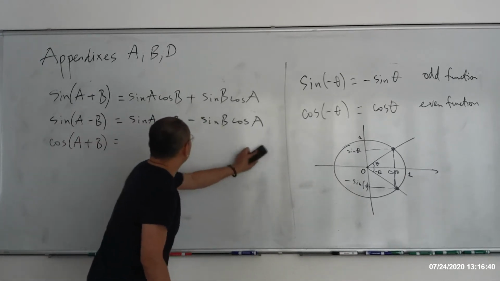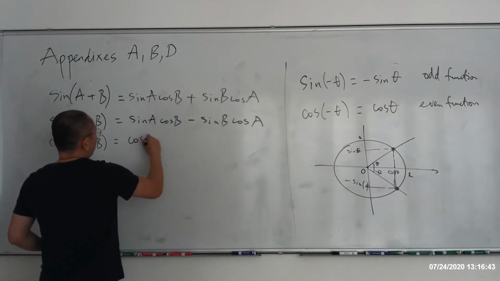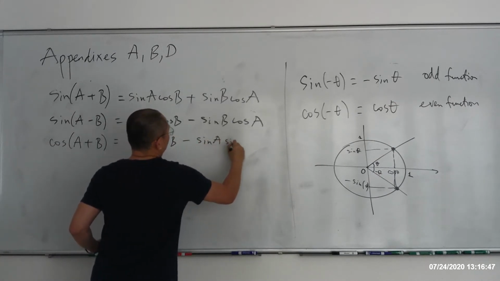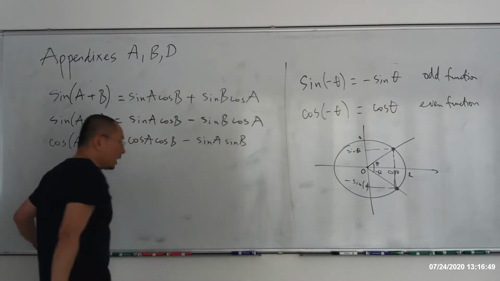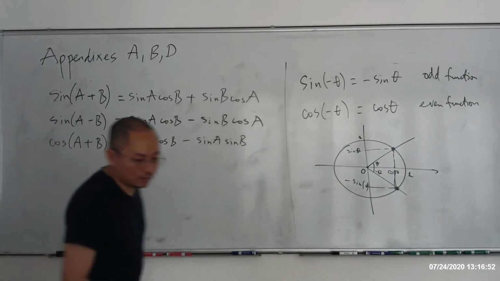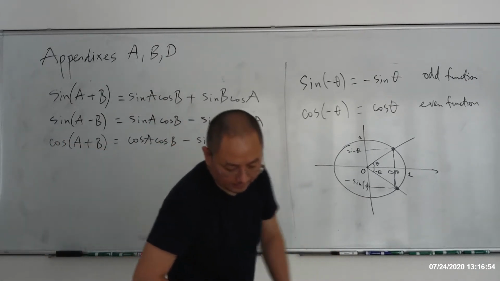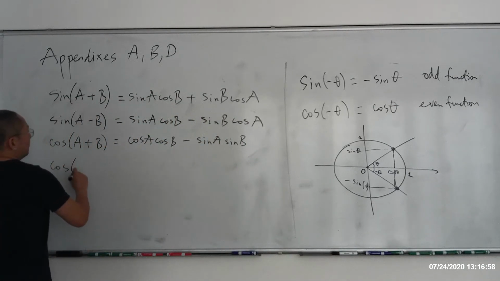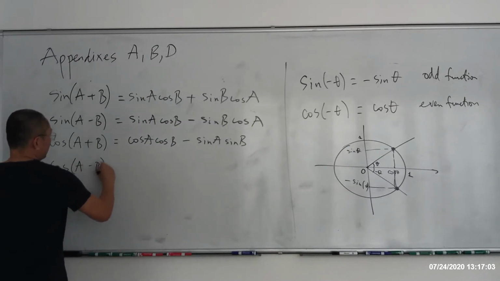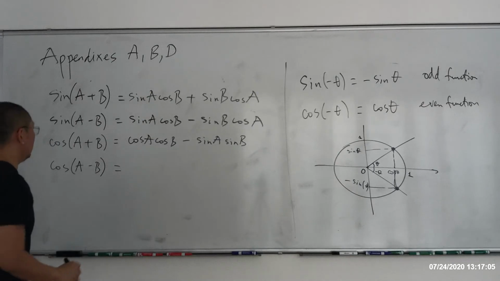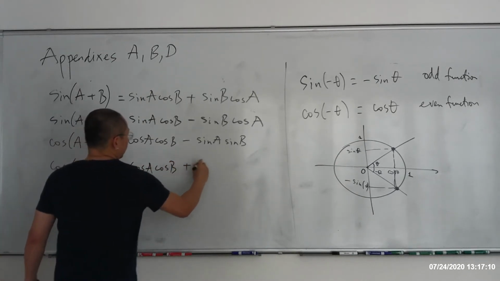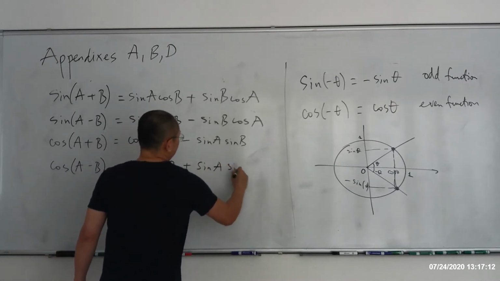Cosine first: cosine A cosine B minus sine A sine B. Let me double check and see which way is right. Oh yeah, I got it right. And then cosine of A minus B is going to be cosine A cosine B plus sine A sine B.